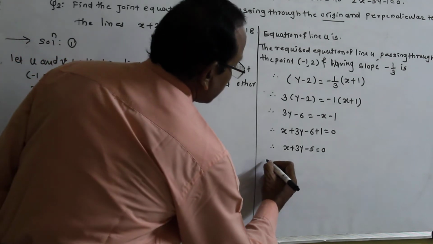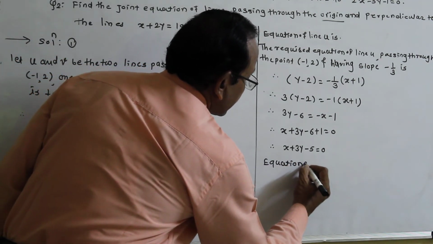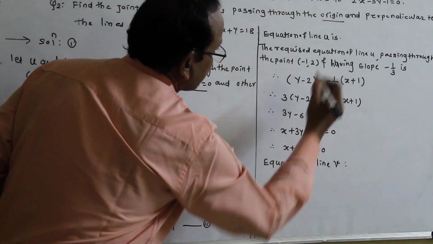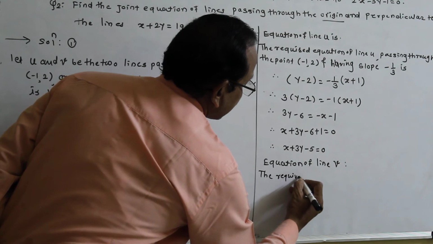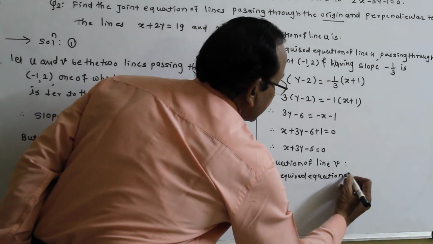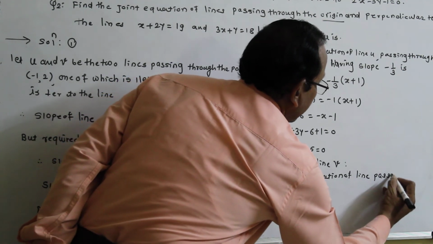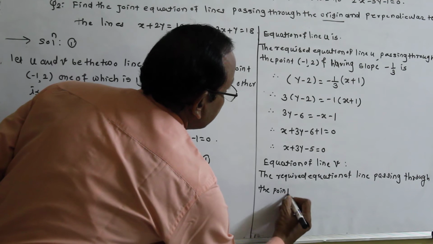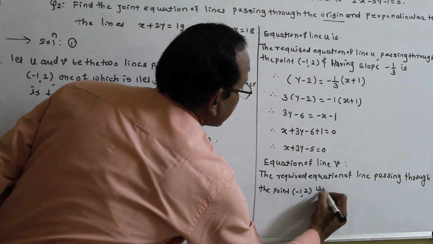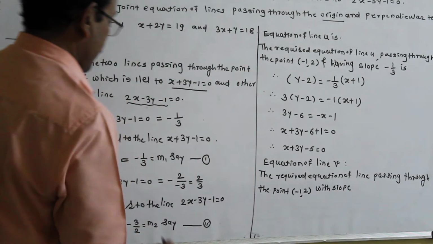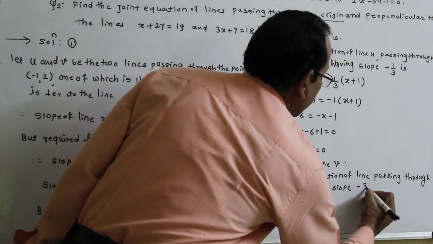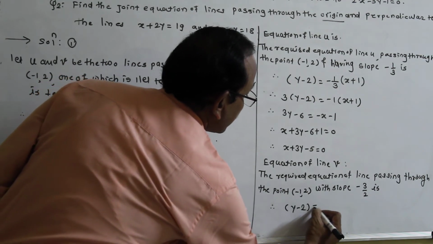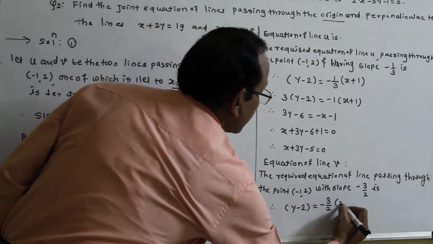Now find the equation of line v. The required equation of line v passing through the point (-1, 2) with slope minus 3 by 2 is: y minus 2 is equal to minus 3 upon 2 times (x plus 1).